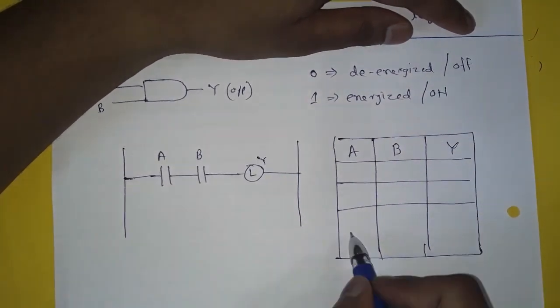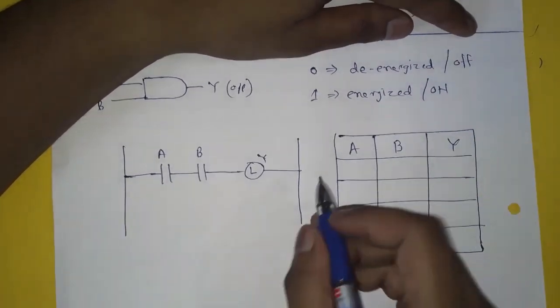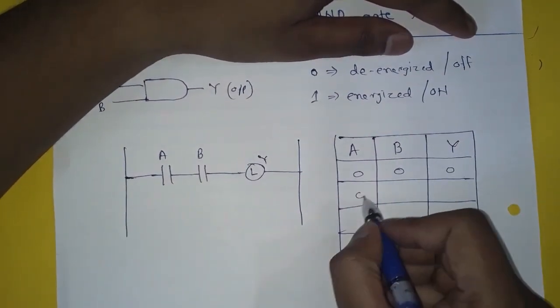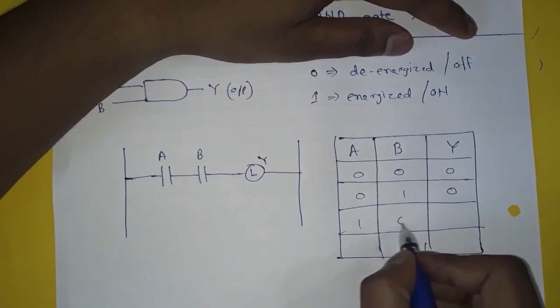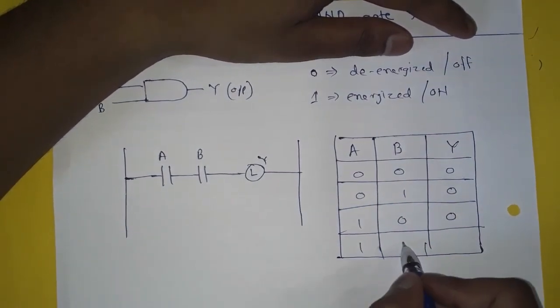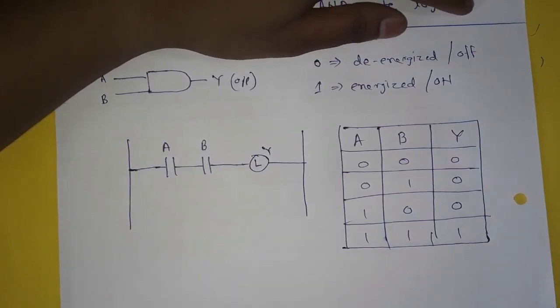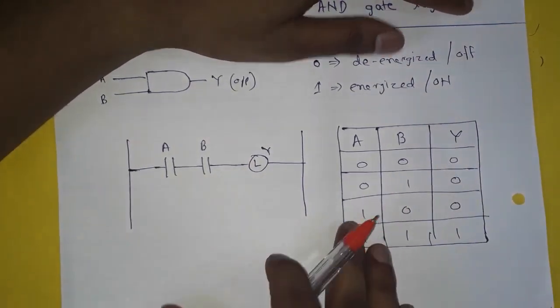Here 0 0 0, 0 1 0, 1 0 0, 1 1 1. Now let's see how it works.